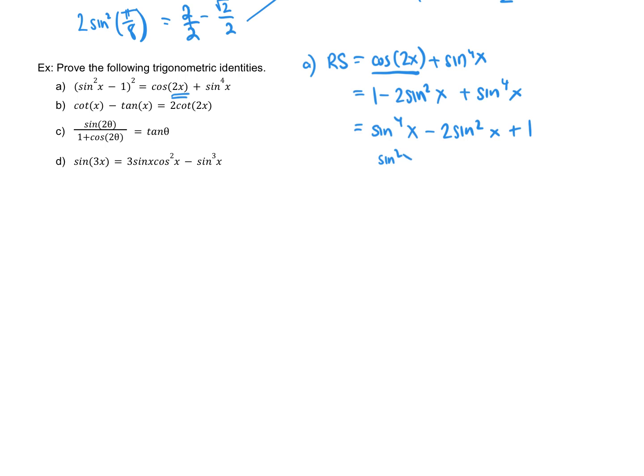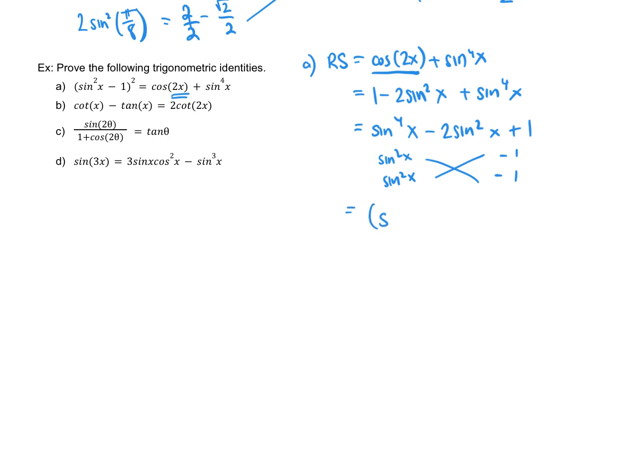So sine squared x times sine squared x is sine to the power of 4x. And then 1 times 1 is 1. But if I want my check to work, I should make them both negative. That way I have negative sine squared x and negative sine squared x, which does give us that negative 2 sine squared x from the middle.